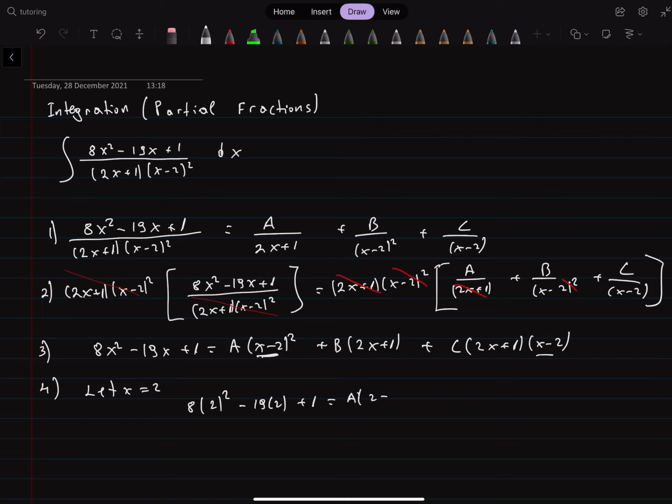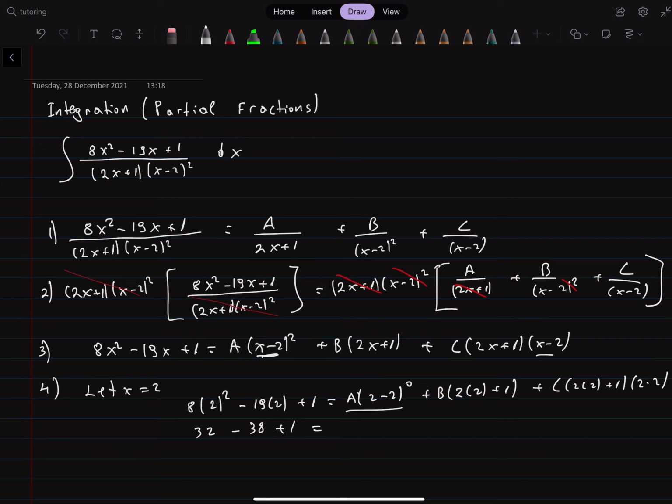So we have (2 − 2)², and this will become 0, and we have B(2 × 2 + 1), and then C(2 × 2 + 1)(2 − 2). So 2 squared is 4, 4 times 8 is 32, and 19 times 2 is 38, so we have 38 plus 1.